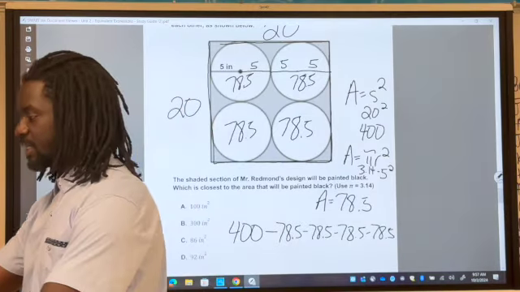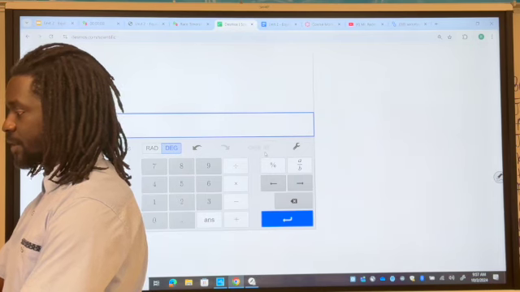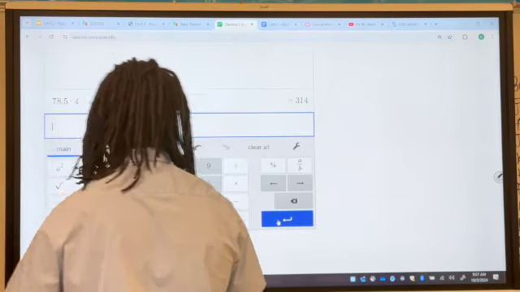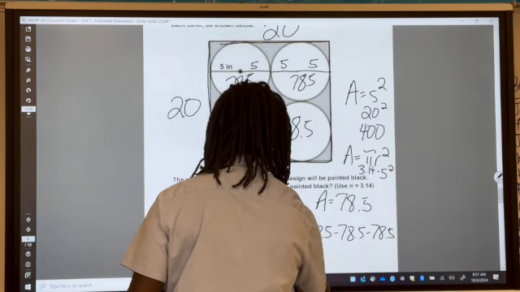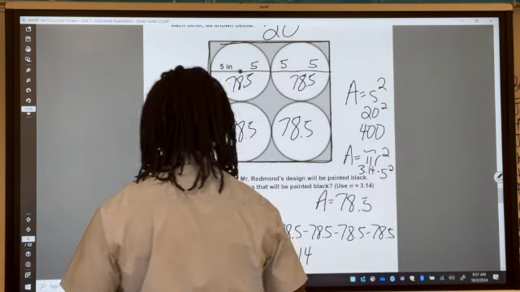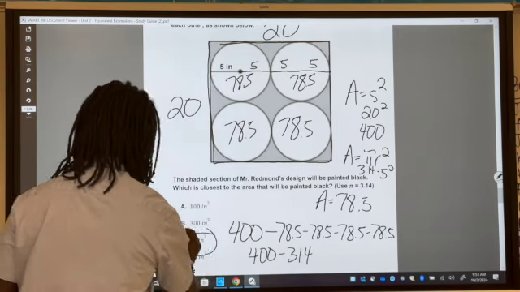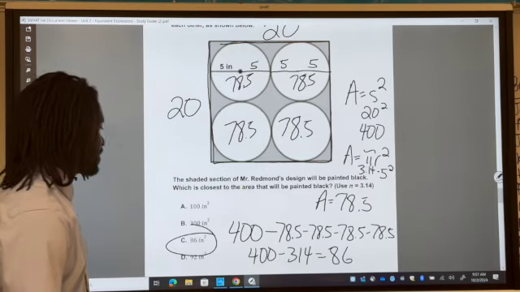Or I could have just did 78.5 times 4 because there's 4 circles. All right, so 78.5 times 4, that gives me 314. So 400 minus 314. All right, and then when I subtract that, that is going to give me 86. And that is the correct answer. All right, 86 inches squared.